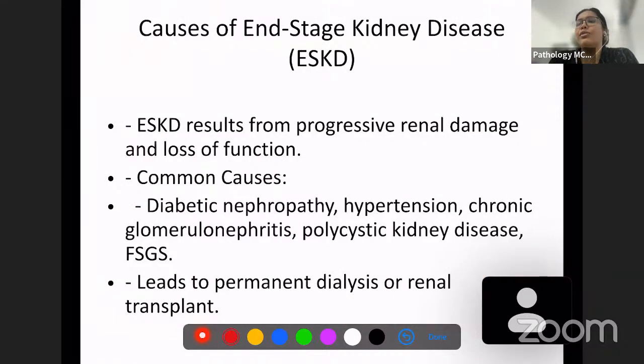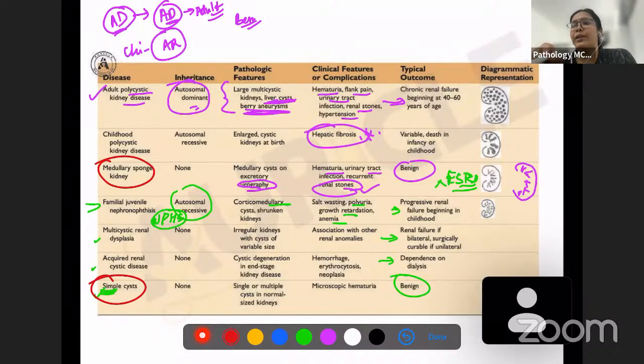Now, what are the causes of end-stage kidney disease, as we saw? We already saw most of it. Most of the genetic conditions: adult polycystic kidney disease, autosomal recessive childhood polycystic kidney disease, familial juvenile nephronophthisis, multicystic renal dysplasia, everything can lead to end-stage kidney disease.